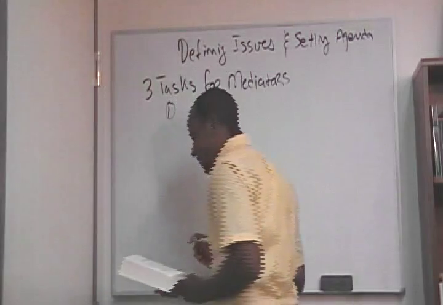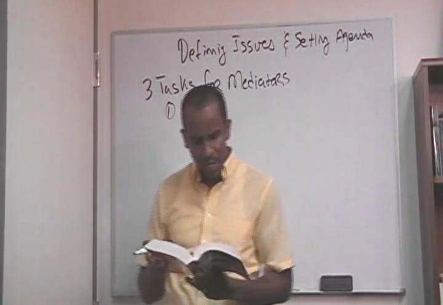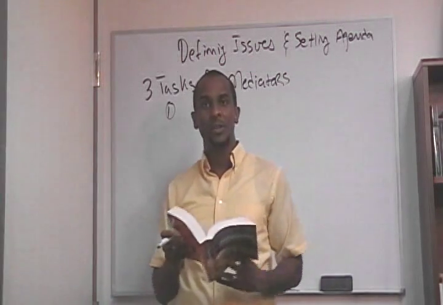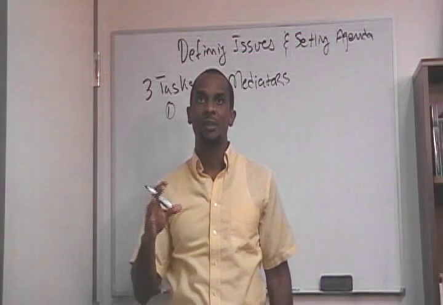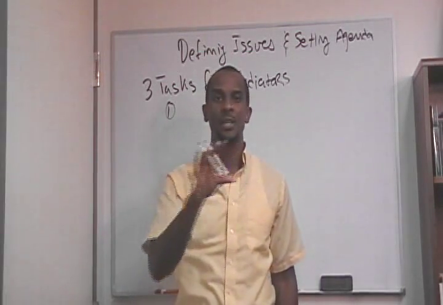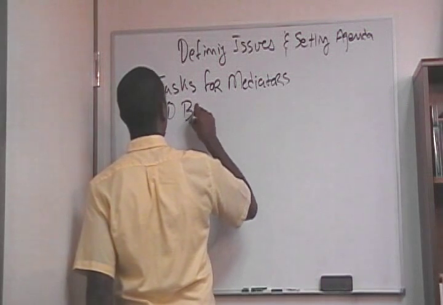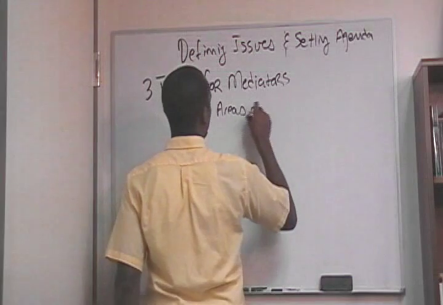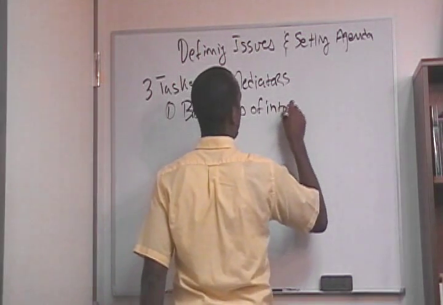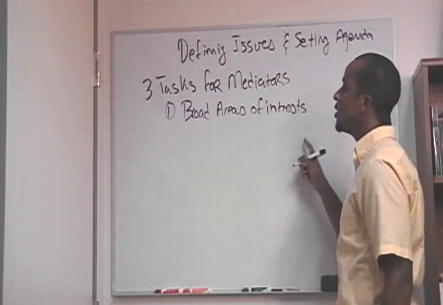The first task that mediators have to accomplish is to identify broad topics or areas or concerns of the party. So the first thing that we have to do is generally identify what are the areas of interest, right? The broad topics or broad areas of interest. All right, so what are the parties interested in?